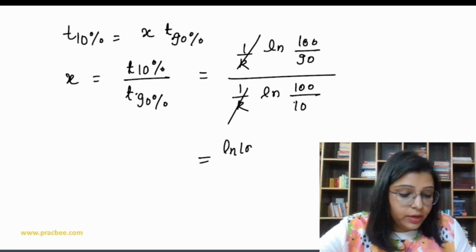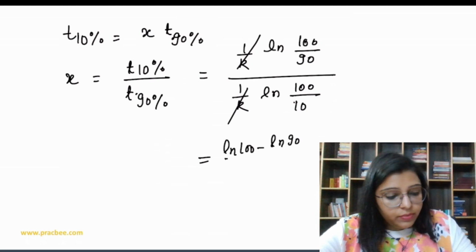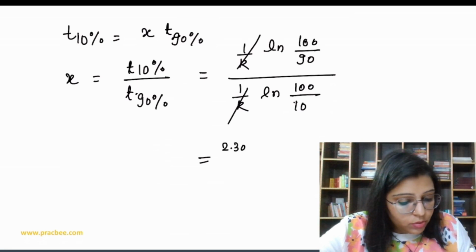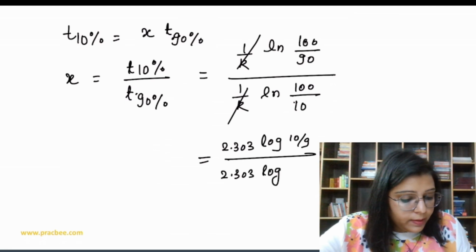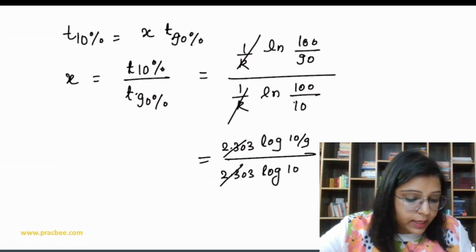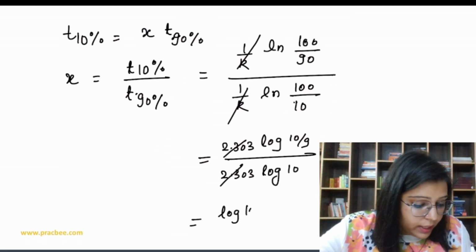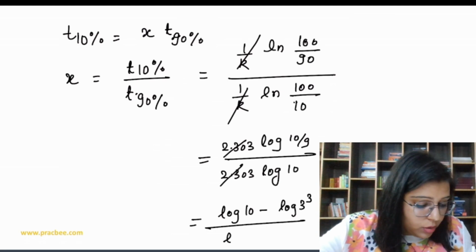So ln 100 minus ln 90 can be written as 2.303 log of 10 upon 9, and here 2.303 log 10. So 2.303 cancels, and we get log 10 minus log 3 to the power 3, upon log 10.